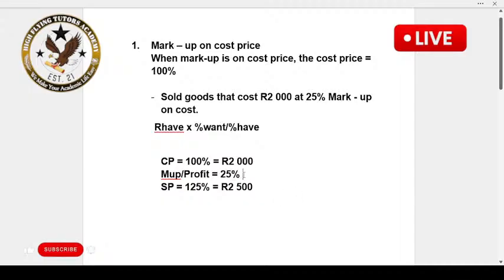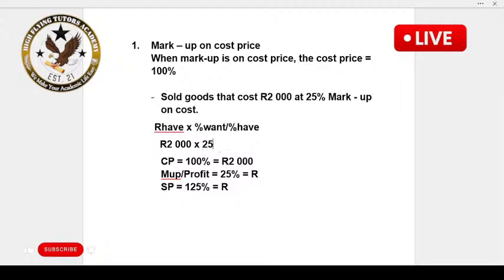You don't have this, you don't have this, and then you must calculate the rent value for the two. So let's see, how are you going to calculate this? You are going to say 2000, which is the rent value you have, multiply by what do you want. Let's say you want to calculate profits 25%.